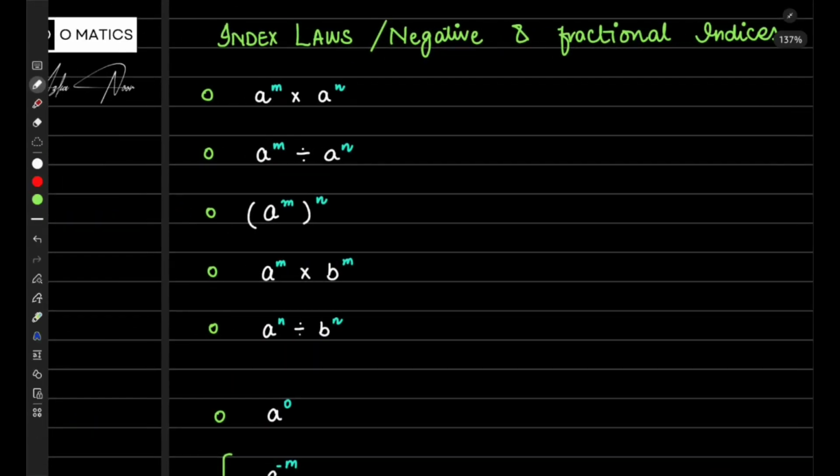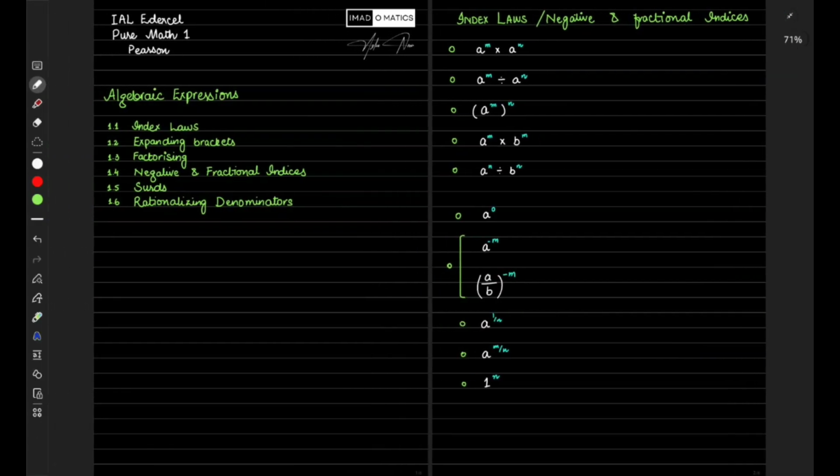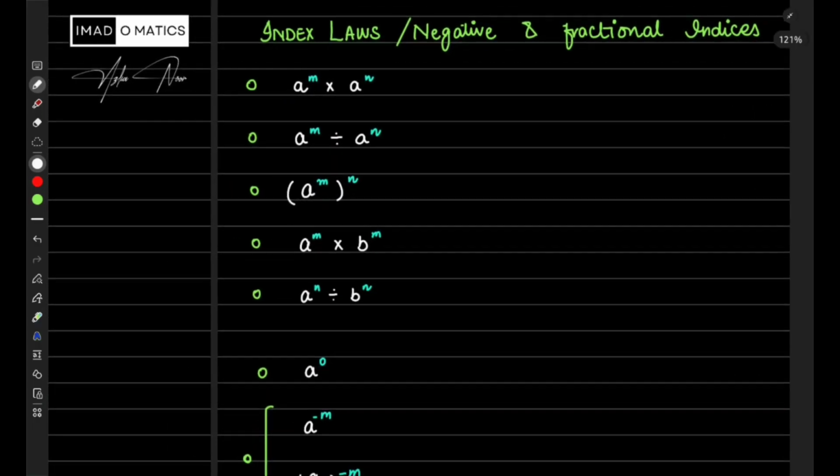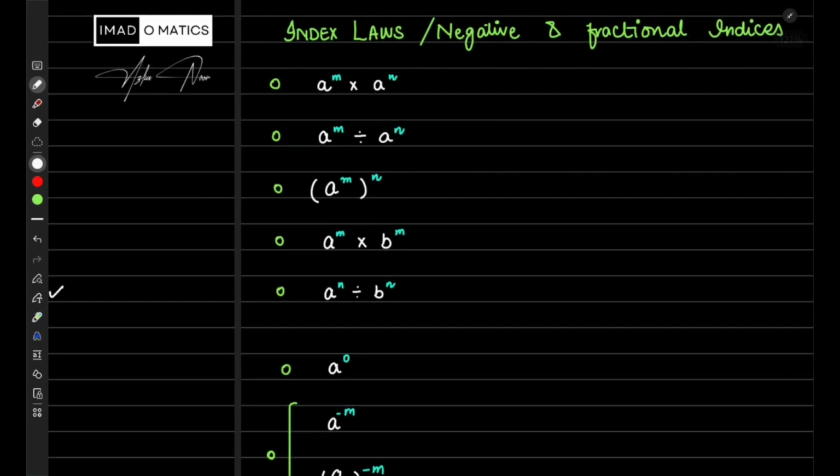Starting off with index laws, I will be combining these two topics, index laws and negative and fractional indices, because these two can be covered side by side because they are interlinked. Okay, so let's begin with that. What are index laws?